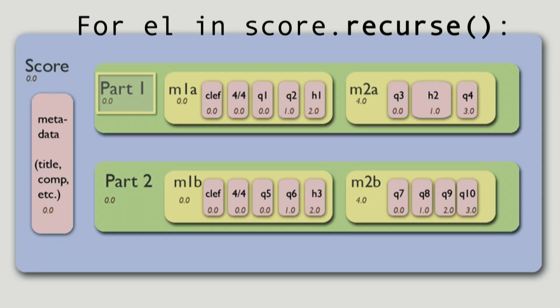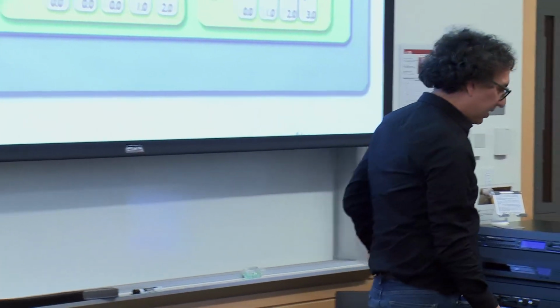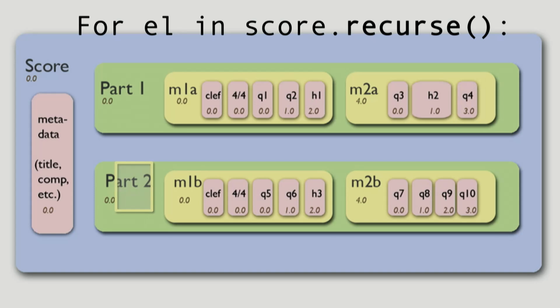Within this container, we have another container, and it will go through these things that are not containers. Sometimes these are called leaves, the leaf node, like in a graph, the thing that has no descendants. And then it will go through the second one, then jumps back to part 2 and goes through each one and tells you that. So that's going to make life a lot easier.